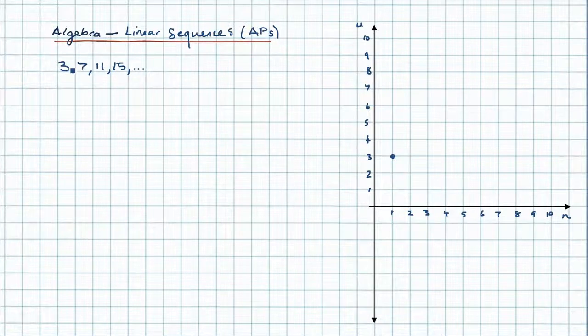Well, the first thing we know is that the first term, we'll call it a, is 3. So what's special about a sequence as opposed to a conventional function is that it starts at n equals 1 and it doesn't go any lower.